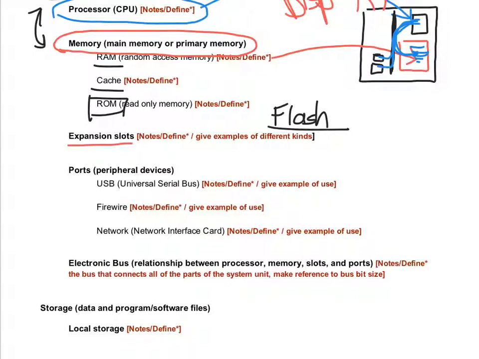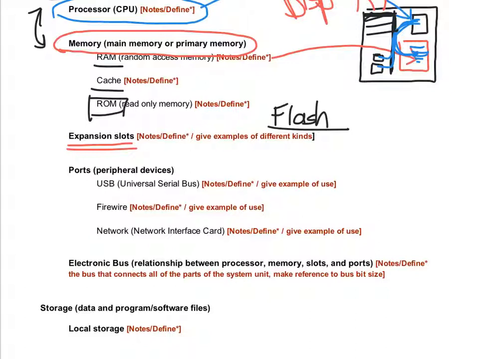Expansion slots inside devices, especially like there can be some in a laptop. More often in a PC are expansion slots, and you can take an expansion slot and put a card in there to do something. It might be a video card, even though often video is built into the board, but you may want to add, it might be a special slot for a video card.